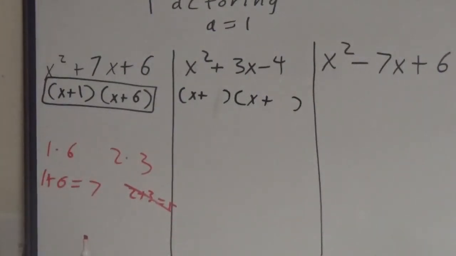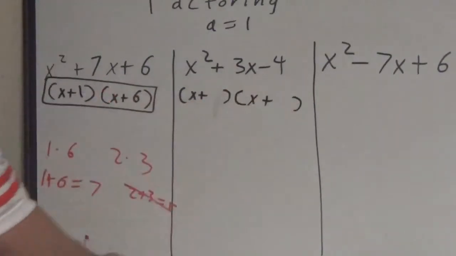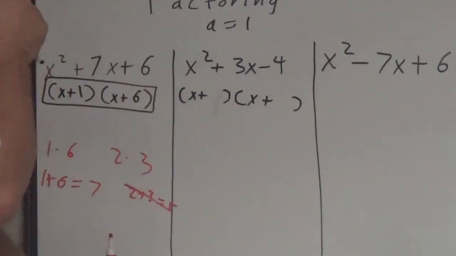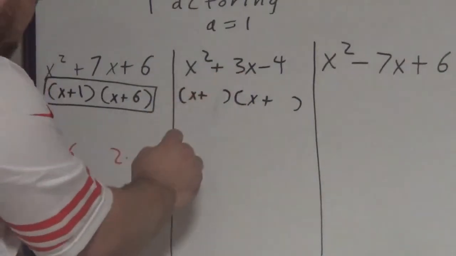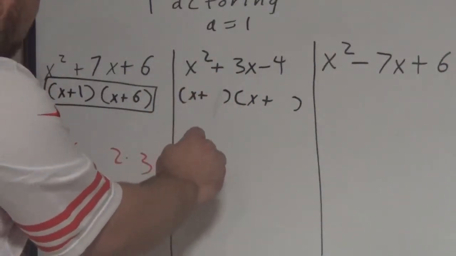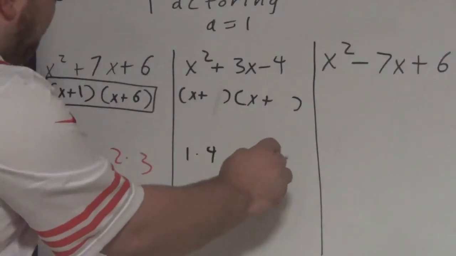And now we're going to look for factors of -4. Well, how do you get a negative? If you remember, to multiply to a negative, we need to do a positive times a negative. Well, what multiplies to 4? 1 times 4 and 2 times 2.